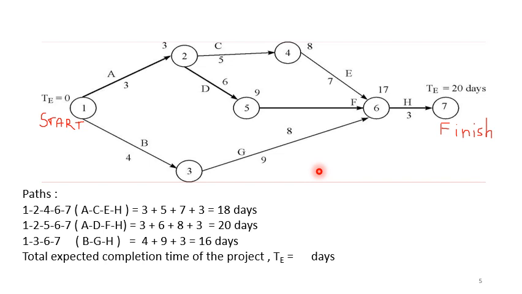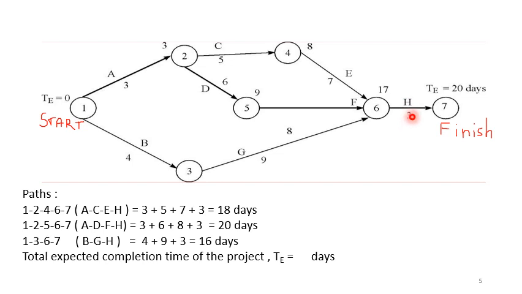Now, all these times written below or above the arrows, say for example this 3 here, represent the total expected time of A. So the total expected time of completion of activity A is 3 days, that of B is 4 days, of C it is 5 days, D 6 days, of F it is 8 days, G is 9 days, E is 7 days, and that of H is 3 days.